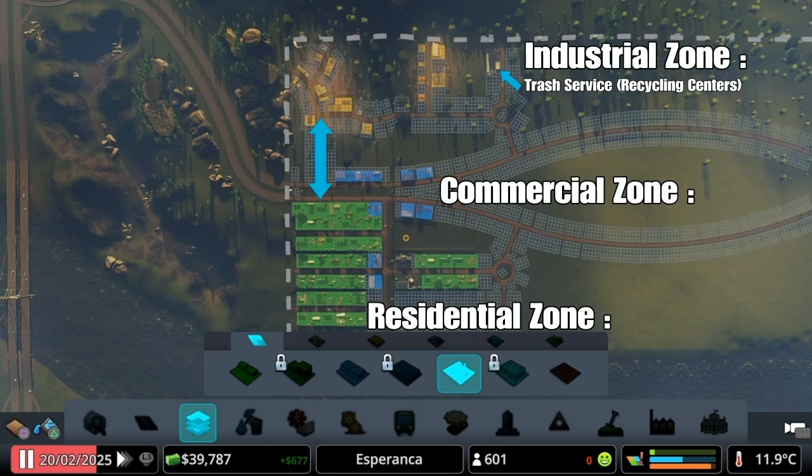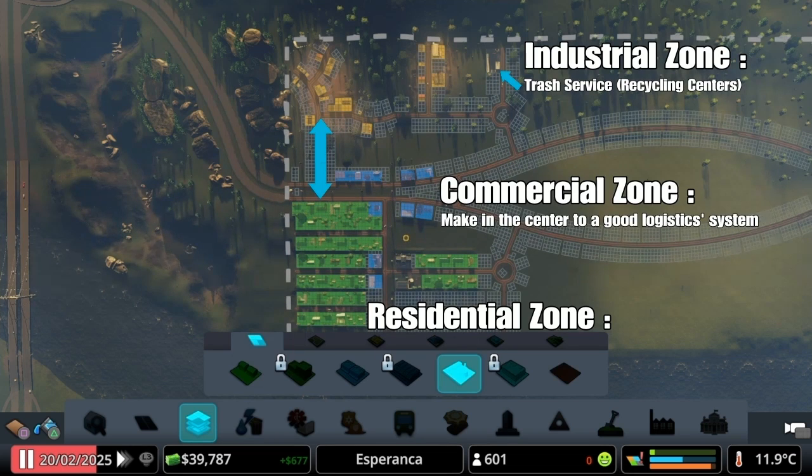In this way, your citizens will not need to go back and forth so much, and the same goes for the trucks in your industrial area. It will reduce the time for cars and trucks on the roads, increasing the traffic flow.